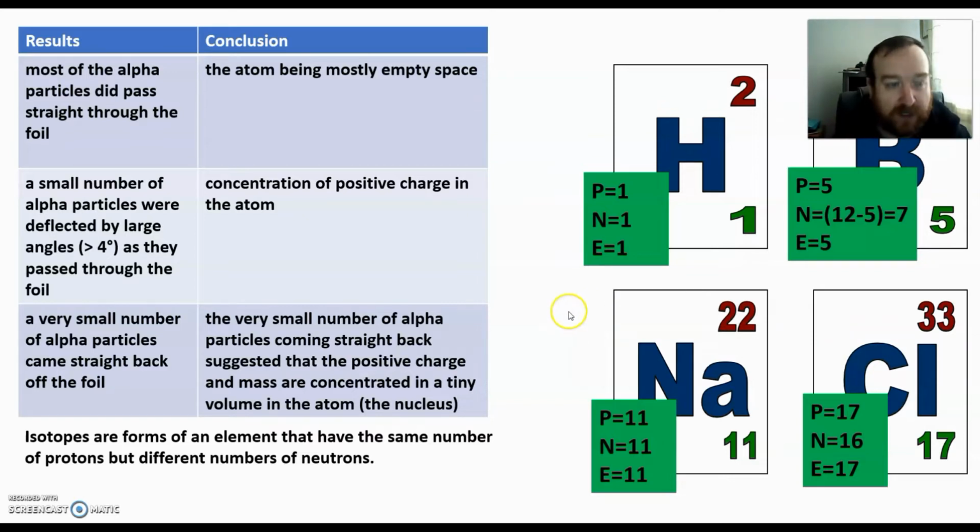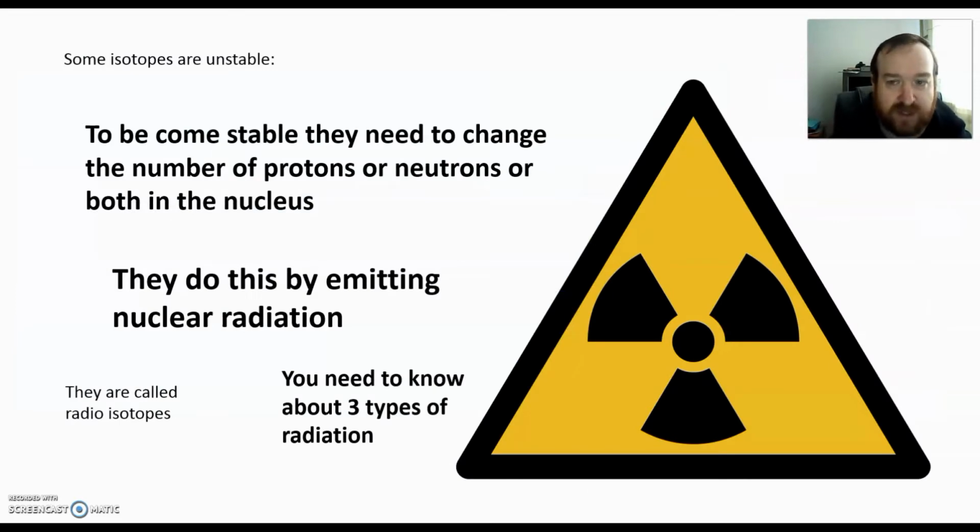Now, last time we looked at isotopes and about what our model of the atom is. We're going further with isotopes this week, because we can have lots of different types of isotopes, and some of those isotopes are unstable.